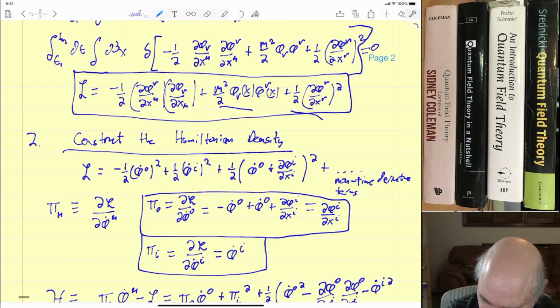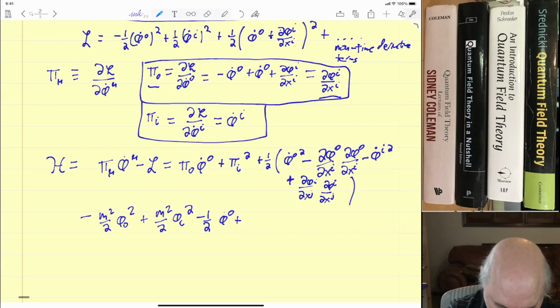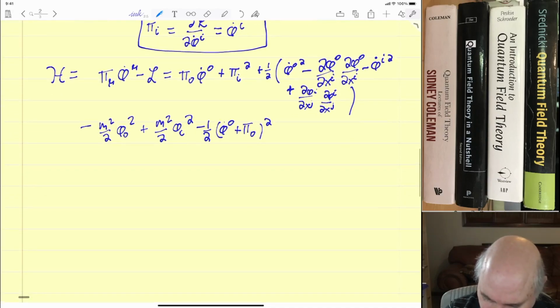We've established that here. Okay, so this includes all the terms in the Hamiltonian density. It's something you just have to check carefully and make sure you didn't leave anything out.